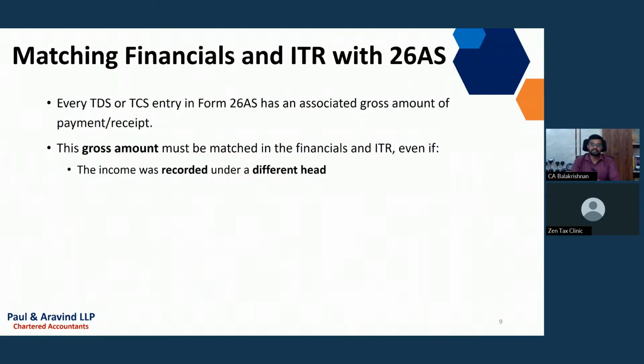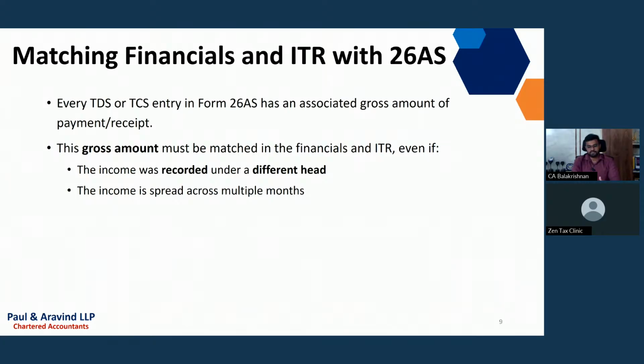Say, for example, if interest income is received, it has been offered under other income. It is not a part of business income for assessees other than those engaged in financial business. Income may be spread across multiple months. Say, for example, one month we are receiving interest income, another month maybe we are not receiving, and the subsequent month we are receiving again.